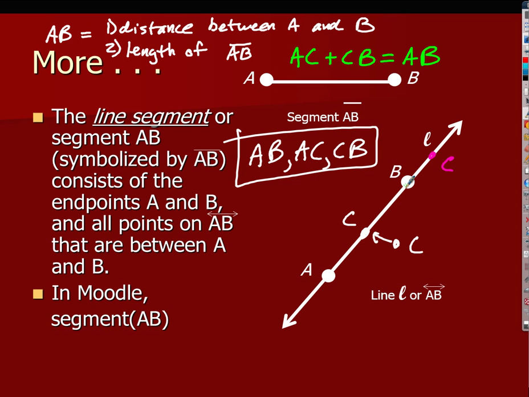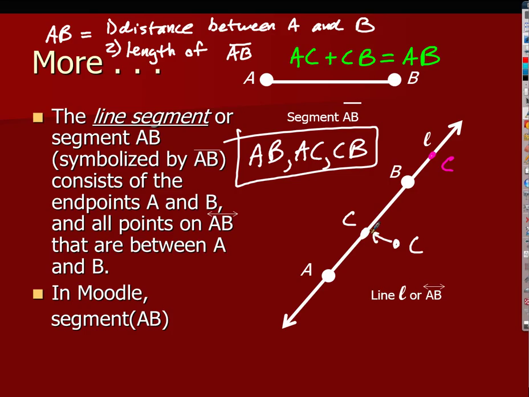Does that make sense? Right? Because it only works if that's small and that's big. Does that make sense? So it makes sense now that if C is on the line and that's true, C is between A and B.